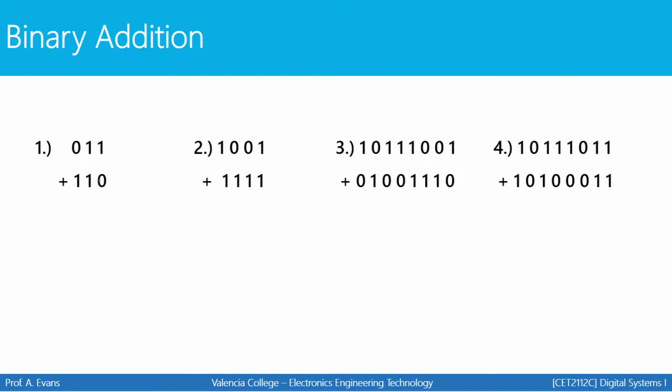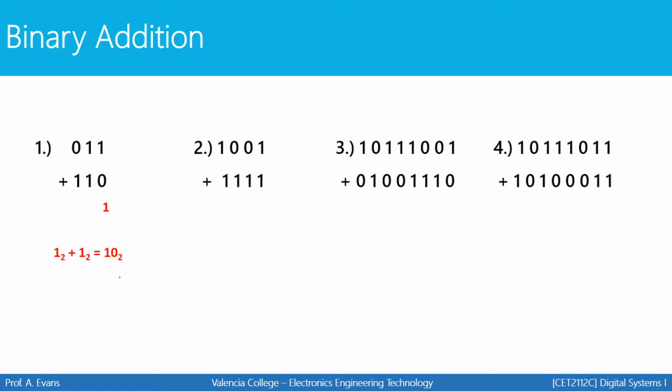So we're going to begin on the left and we're going to add 1 plus 0. And we know that 1 plus 0 equals 1. Next, we're going to go to the middle column here and we're going to add 1 plus 1. Now, we know that 1 plus 1 is 2 in decimal, but 1 plus 1 is 10 in binary.